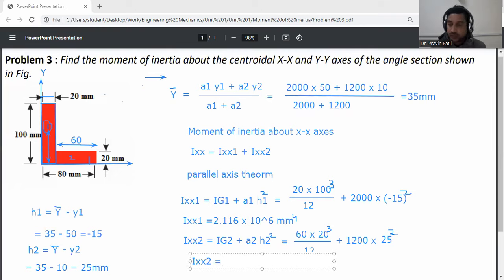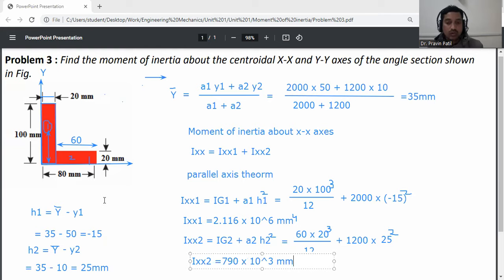Ixx2 is equal to 60 into 20 cubed divided by 12 plus 1200 into 25 squared. So Ixx2 will be 790 into 10 raised to the power 3 mm raised to 4.